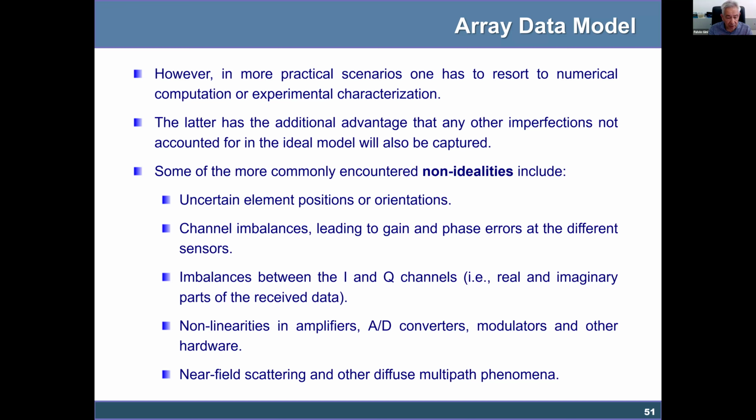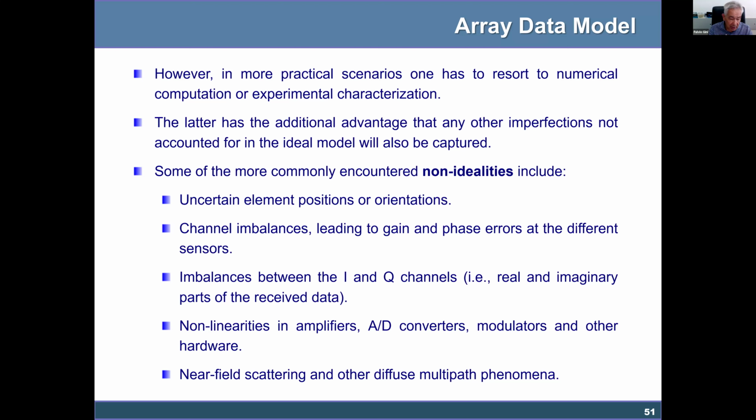Not completely different, obviously, but nominally the frequency response, so the amplitude and the phase of the frequency response, nominally are the same. In practice, when you build them, they are slightly different. And so these are called channel imbalances.